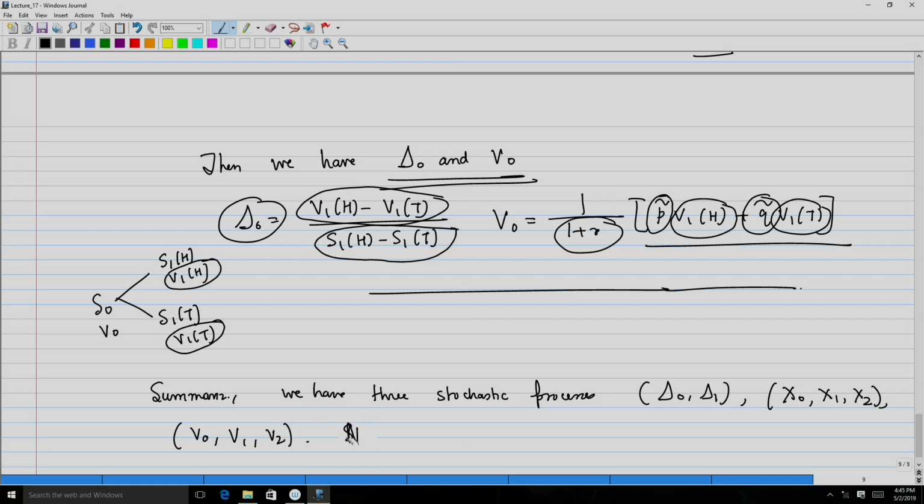And note that a stochastic process is a sequence of random variables with time indexing.